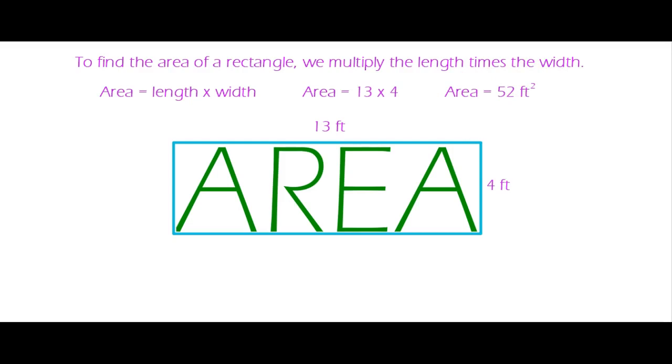Okay? If you were using inches, you would write a little 2 above the N in the abbreviation for inches. Okay? So our area for this particular rectangle with dimensions of 13 feet by 4 feet would be 52 square feet.